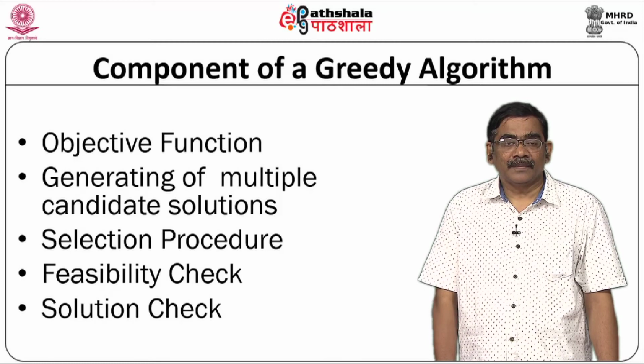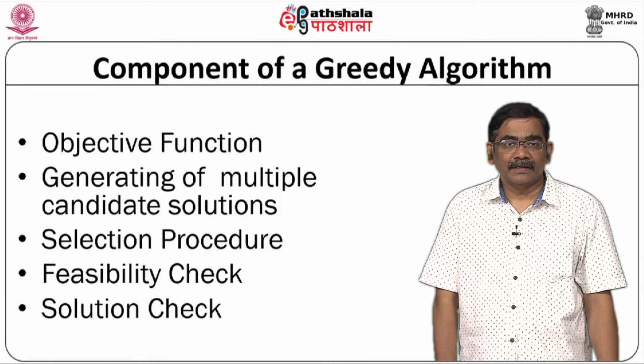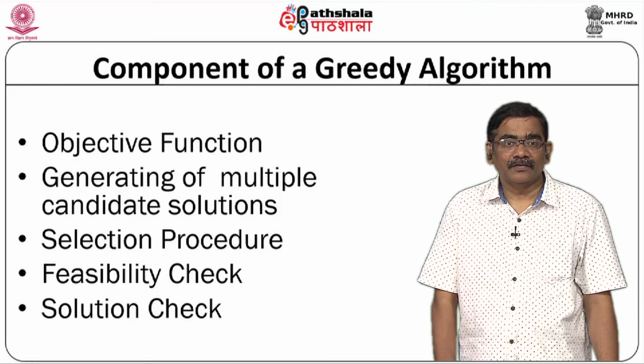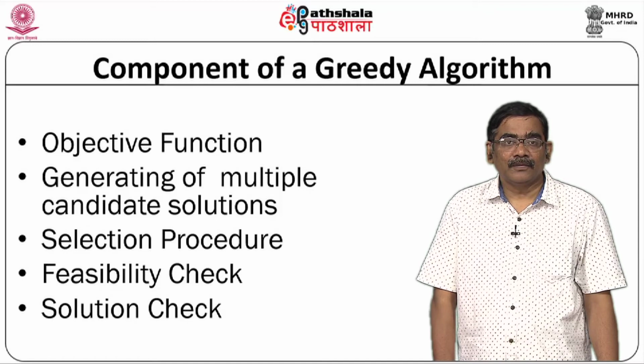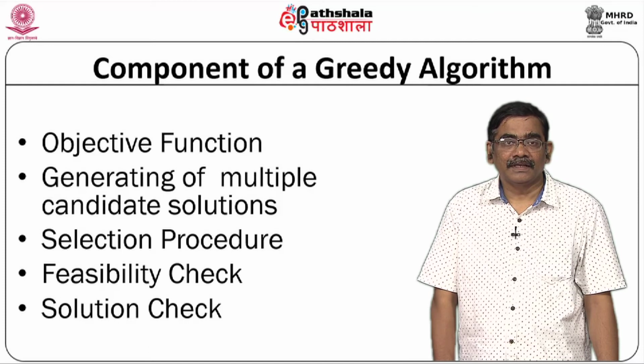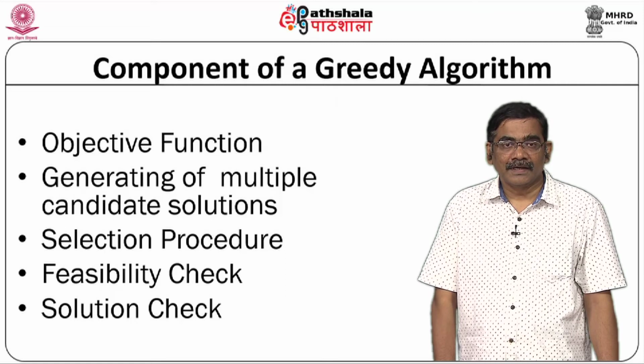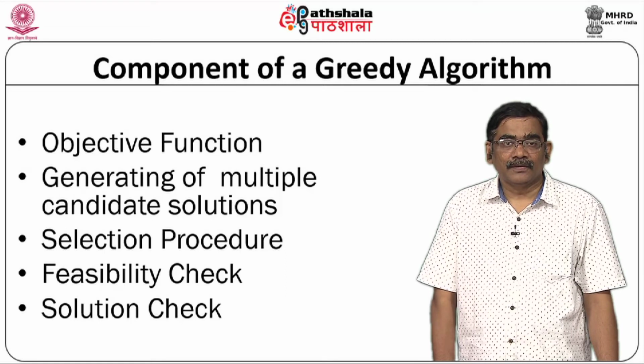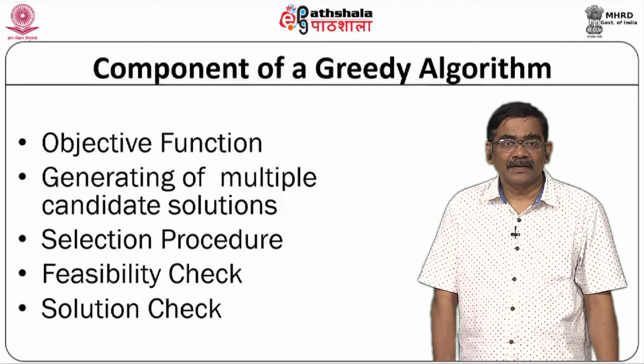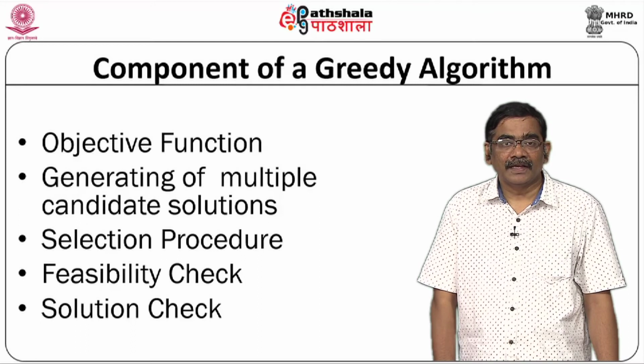Once I select a solution, in other words make a particular choice, I have to check whether it is feasible or not. This is called the feasibility check, and once I know that a solution is feasible, I can add it as part of my solution. I will keep on adding to the solution, and finally I will check whether the solution of the given problem is obtained or not.